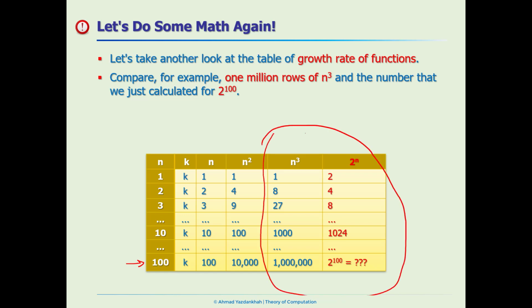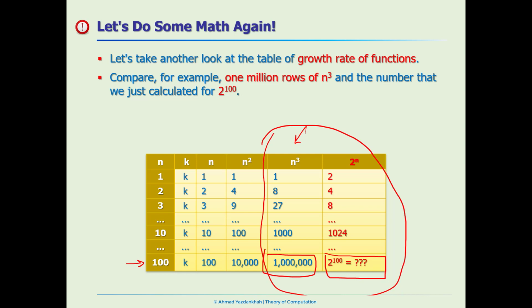If we have an algorithm that is n cubed, big O of n cubed, it takes 1 million, whatever it is. But if the algorithm is exponential, it takes that big number that you just saw.